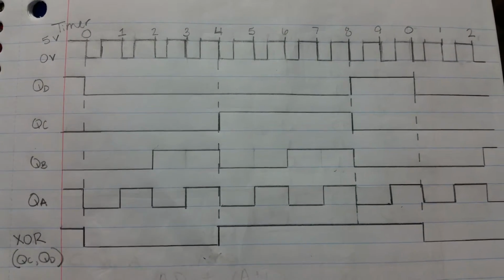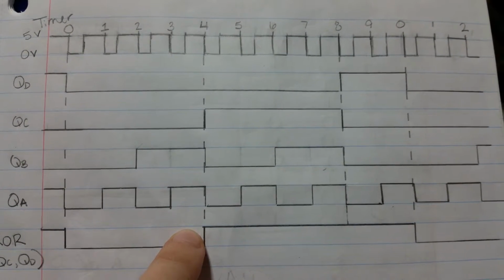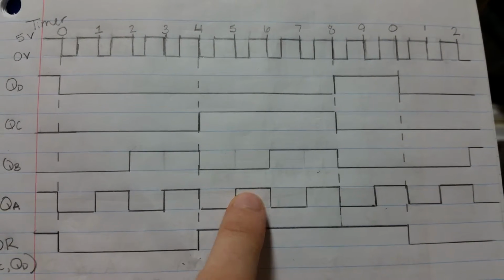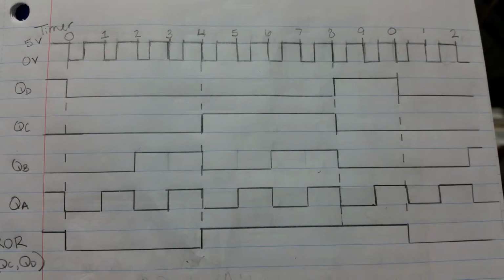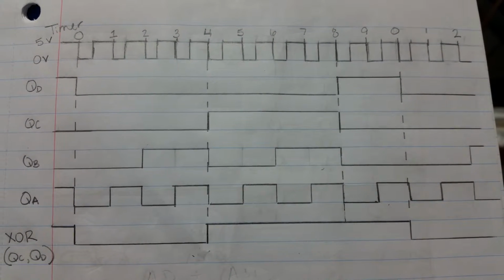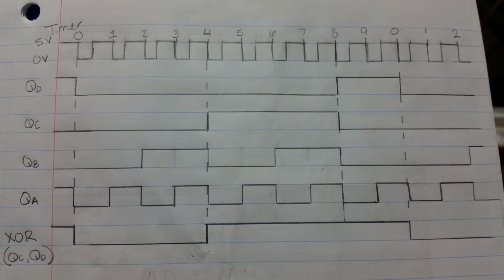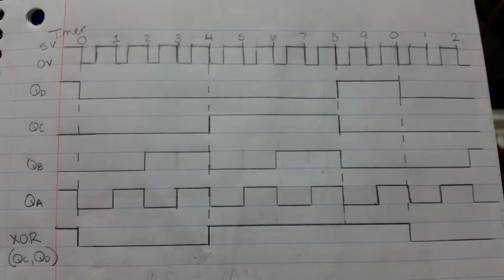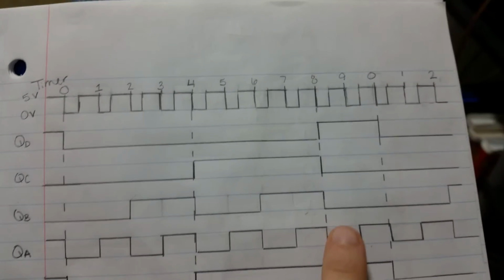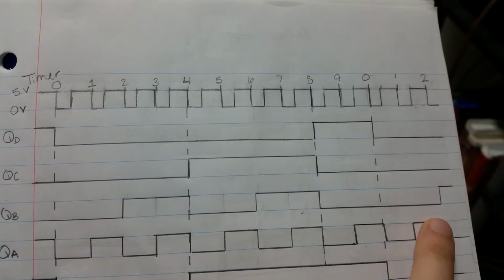QB has a similar pattern, except as you can see right here, this is a good indicator. QB is active for twice as long as QA, and then inactive for twice as long, except for the period from 8 to 9, we can see here for QB, and then jumping back to 0 to 1.